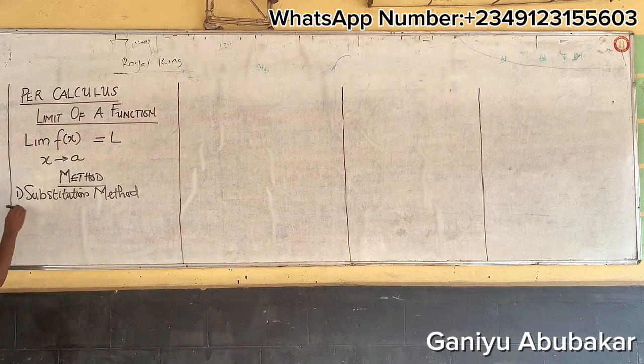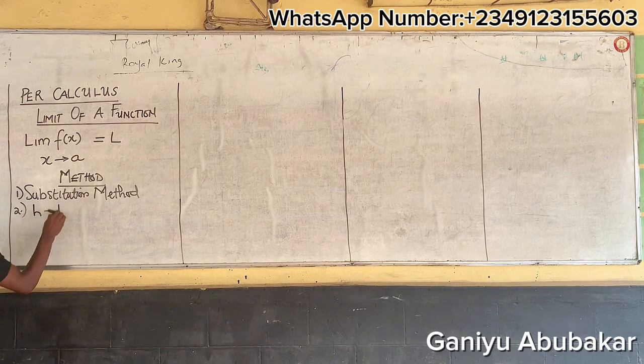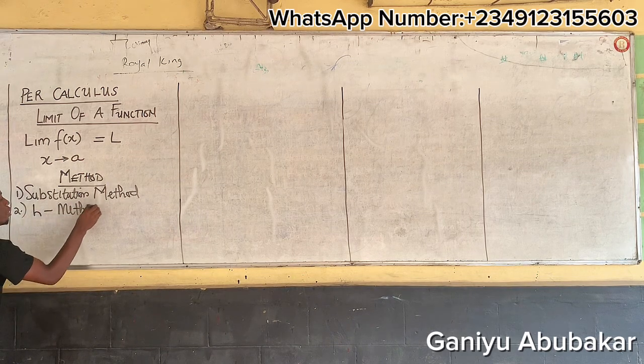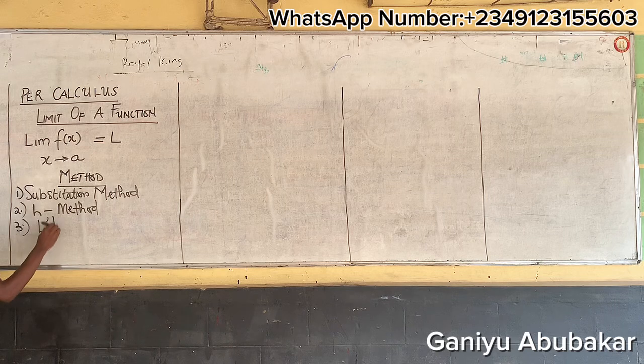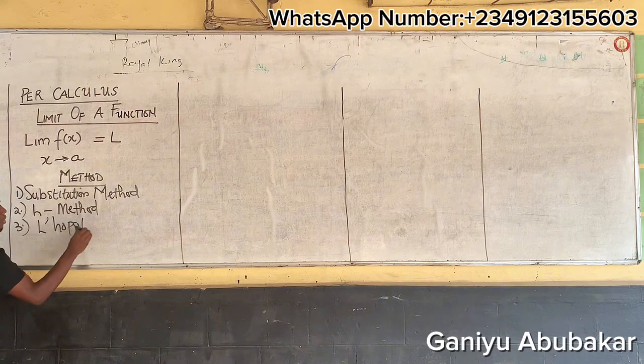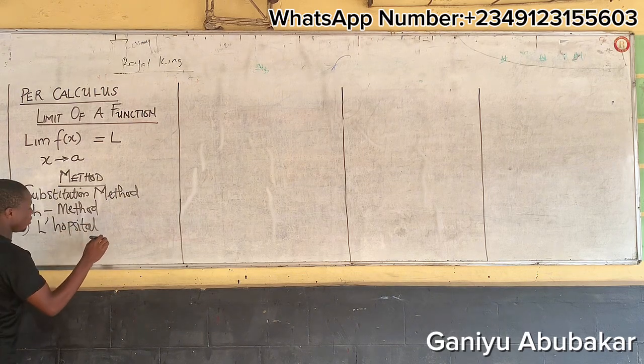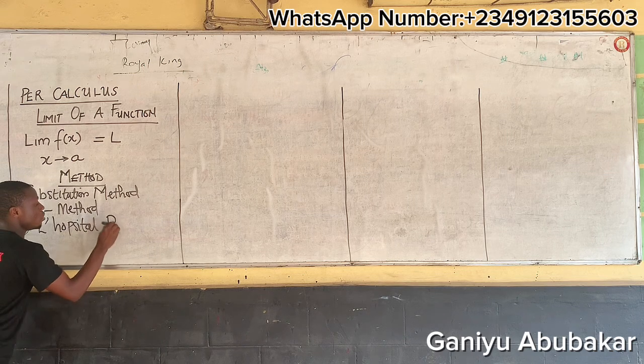Number two is called the H method. Number three is called L'Hospital's rule.